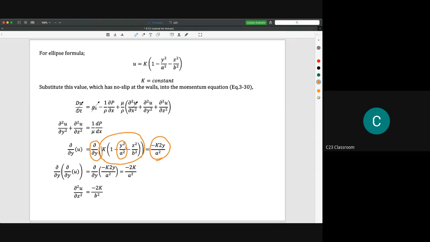Then again we substitute with another term, and if we differentiate, we get minus 2k over a square. So the differential of the other value here is negative 2k over b square. This is del square u over del z square, this is for z and this is for y. The difference is only from a square and b square here.